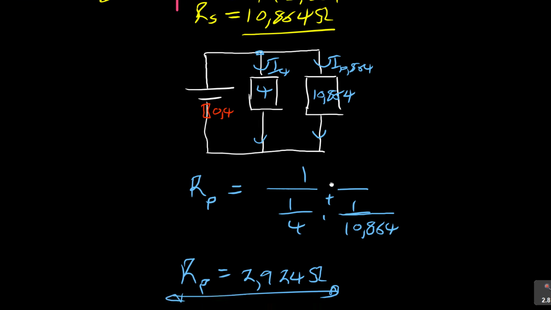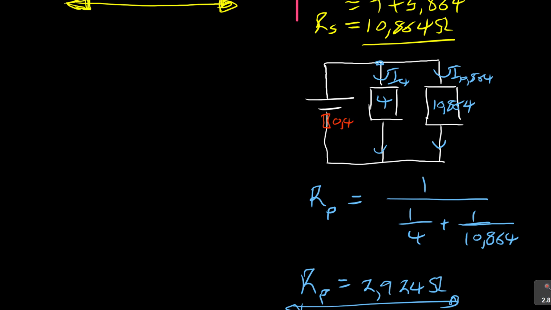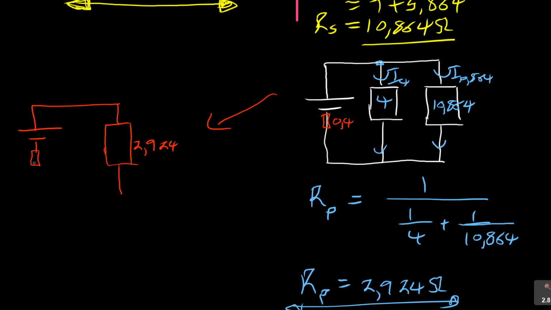So what is the final diagram like? The final diagram comes to become this, and then you have 2.924. Then after that you've got this small one here, which is 0.4.